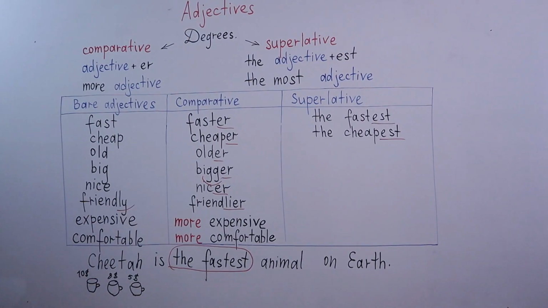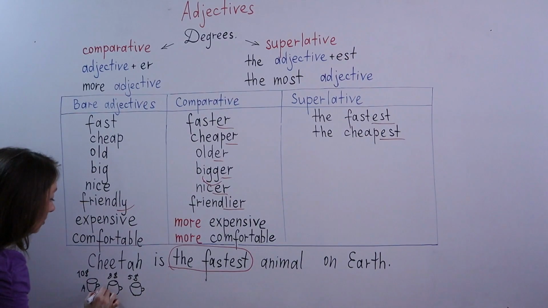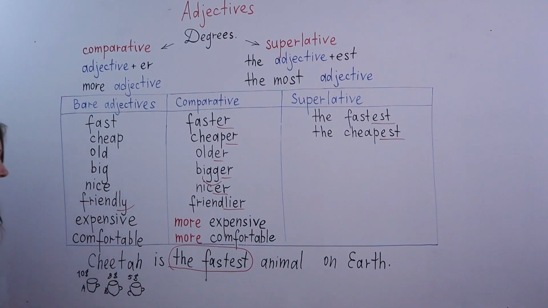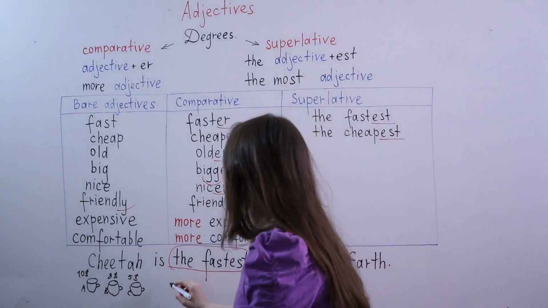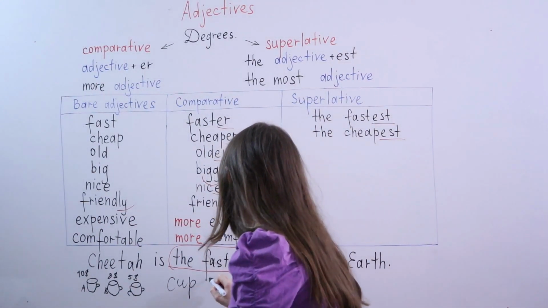So, which cup is the cheapest? What do you think? A, B, or C? As you can see, cup C is the cheapest, right? It is $5.